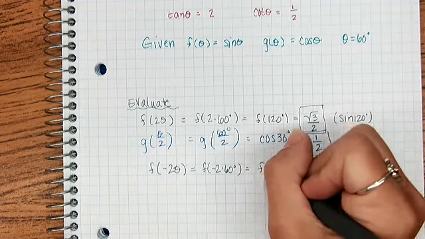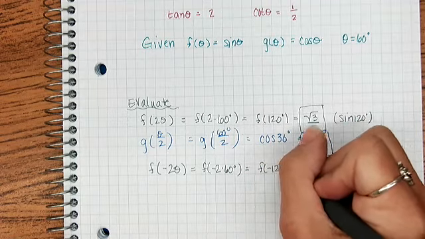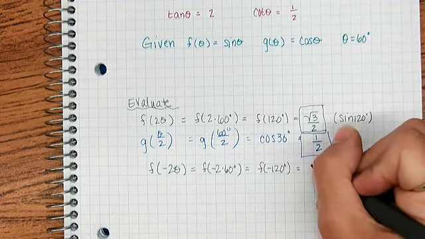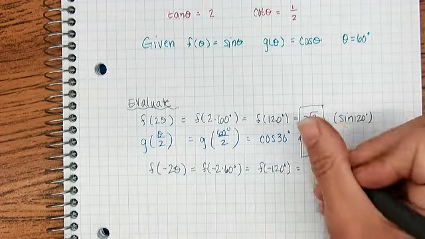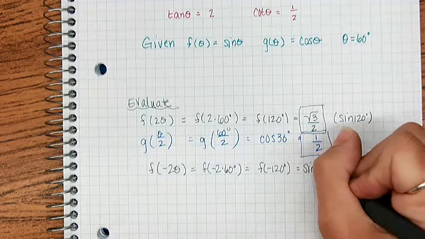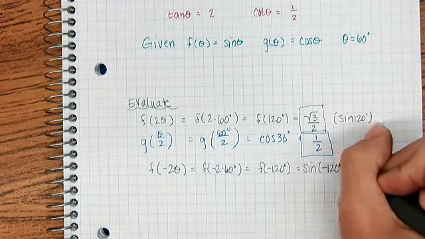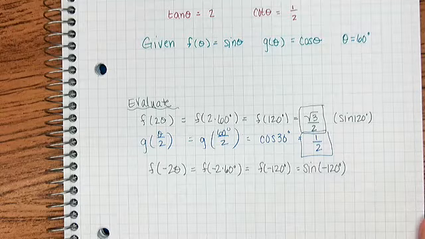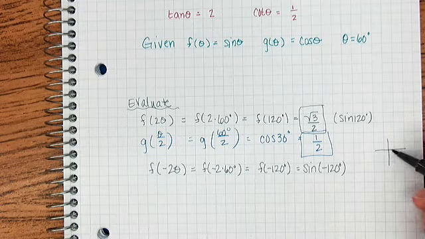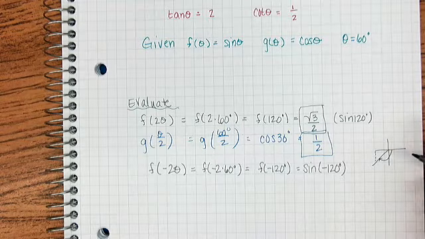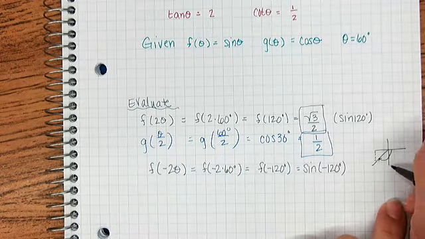So this is the f of negative 120, which is the sine. F is the sine. The sine of negative 120. I'll just sketch a quick little graph for you. Negative 120 is in quadrant 3. Negative 120 is in quadrant 3. That's a 60-degree reference. I wrote super small. My apologies.